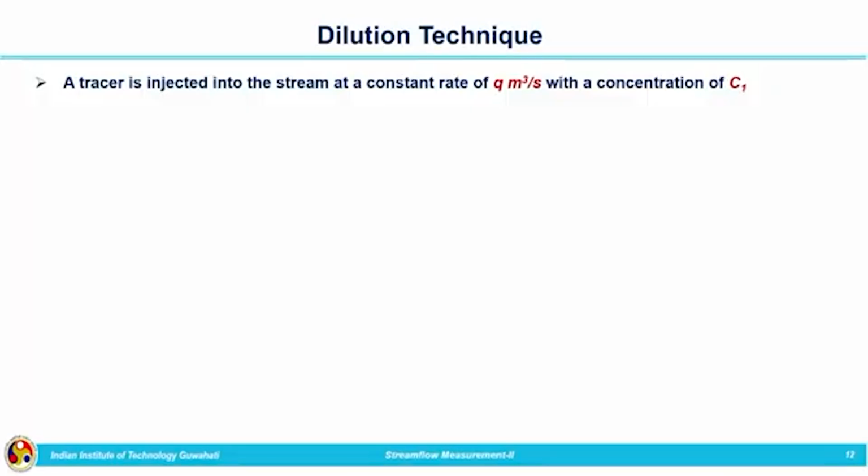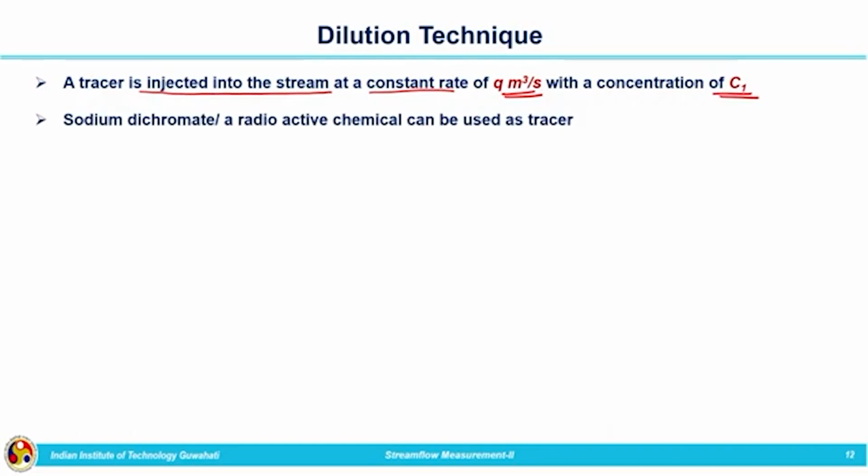Now, let us see the third technique, that is the dilution technique for measurement of stream flow. In this case, a tracer is injected into the stream at a constant rate q meter cube per second, and the tracer has a concentration of C1. This tracer can be sodium dichromate or a radioactive chemical.